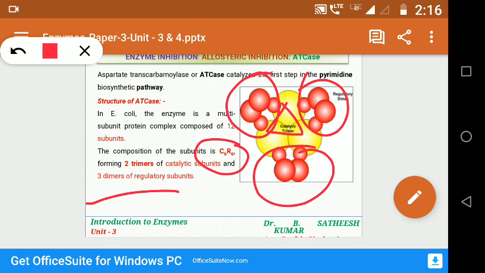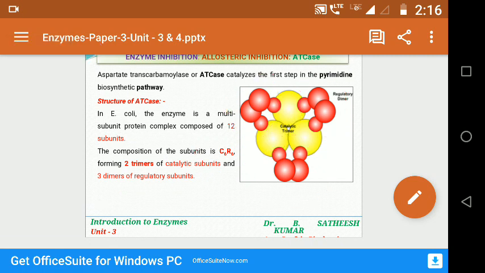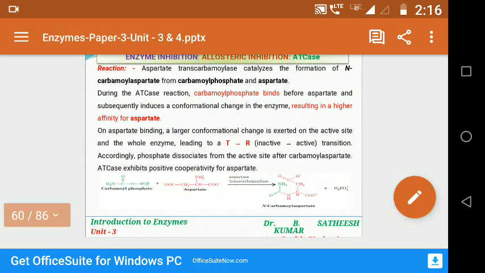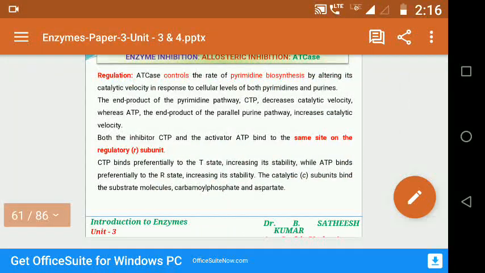So therefore, the ATP induces the activity of ATCase, and the pyrimidines will be synthesized. Hence, ATP acts as allosteric activator, and CTP, the end product of pyrimidine biosynthesis, acts as inhibitor.